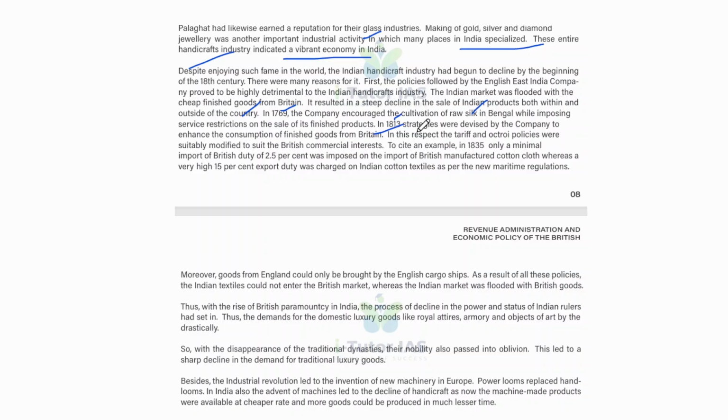And in this respect, the tariff and octroi policies were suitably modified to suit British commercial interests. To cite an example, in 1835, only a minimal import duty of 2.5% was imposed on British manufactured cotton clothes, whereas a very high 15% export duty was charged on Indian cotton textiles as per the new maritime regulation. Okay, so that's an example.